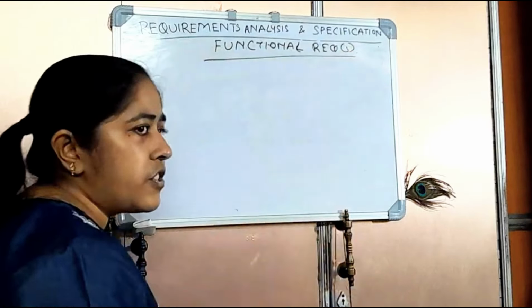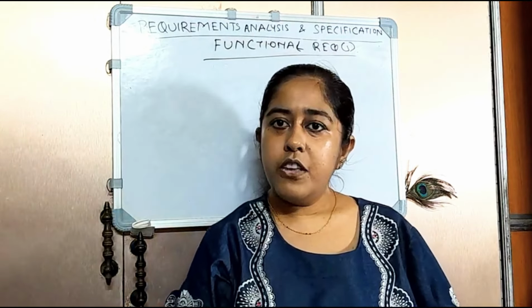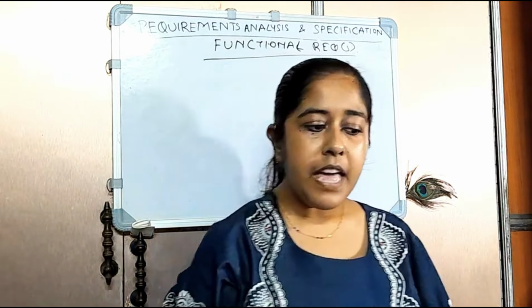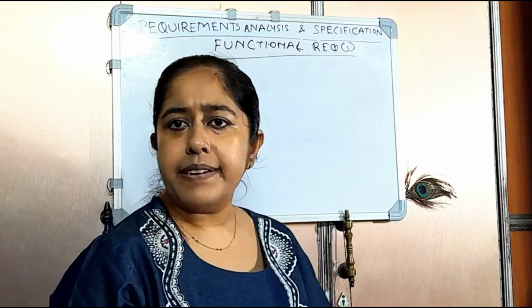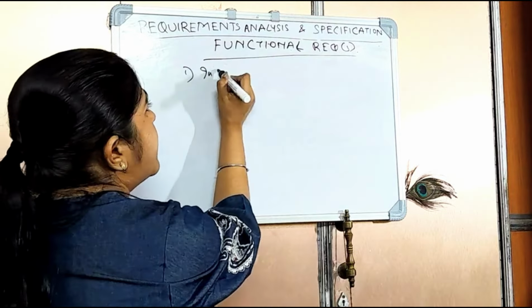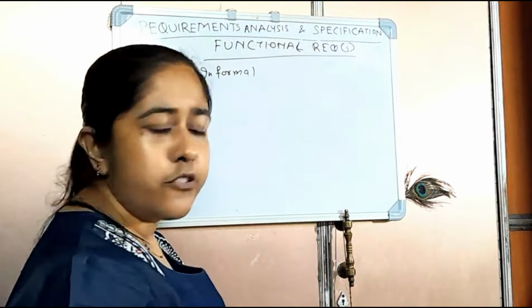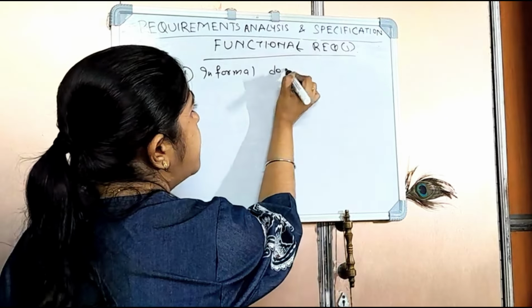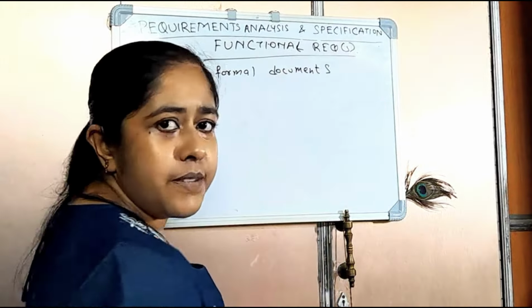First of all, the question comes: how are we getting these functional requirements? Mainly, these functional requirements are identified in a conceptual manner, for example from some informal documents, from interviews you have taken, different documents which will give you an idea of different requirements.